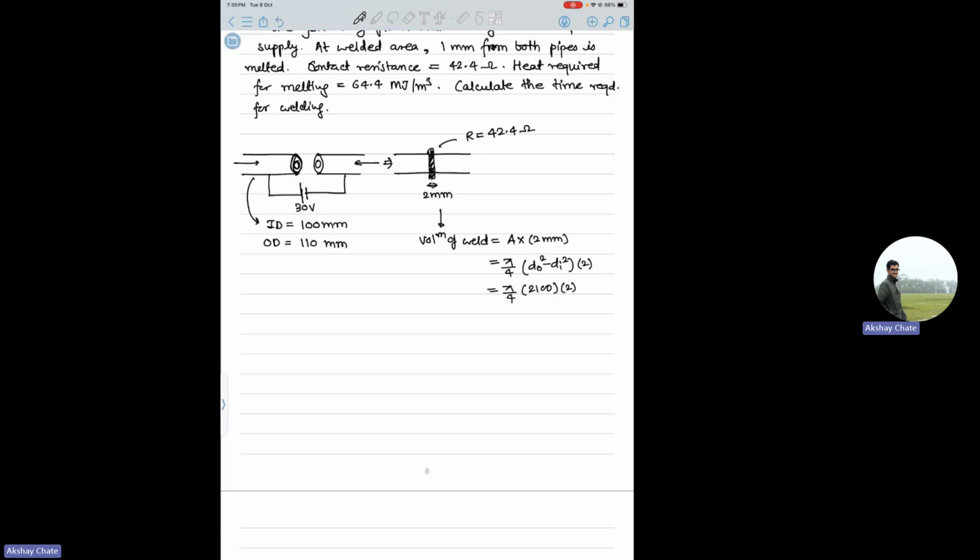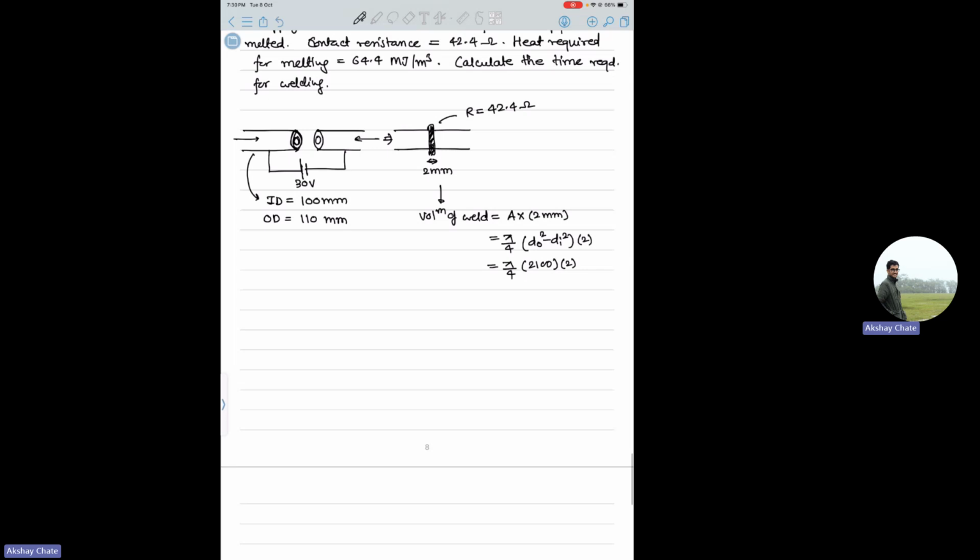Let's calculate that: pi into 2100 divided by 2 gives 3298.672 mm cube. Let's convert it into standard units: 10 to the power minus 9 meter cube.